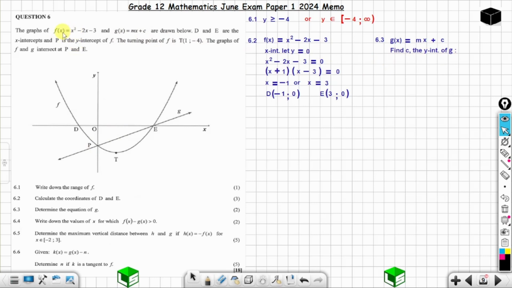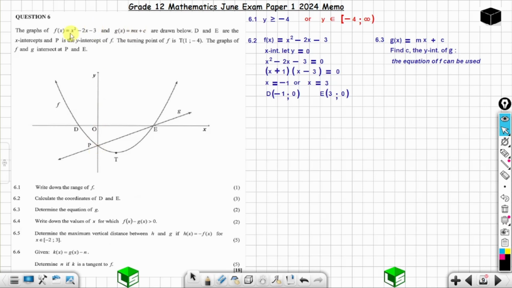Using the equation of f, you can find c. This is c, the y-intercept, this is c in the equation of g, which is the y-intercept.